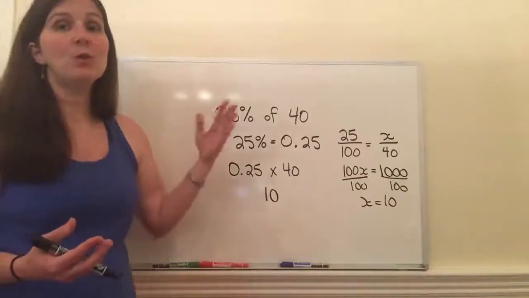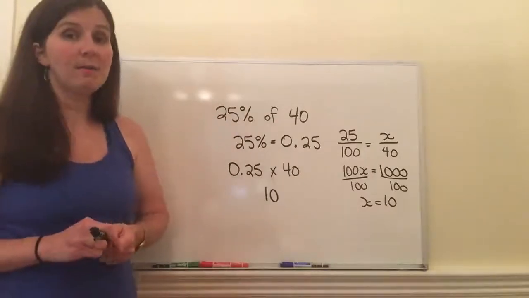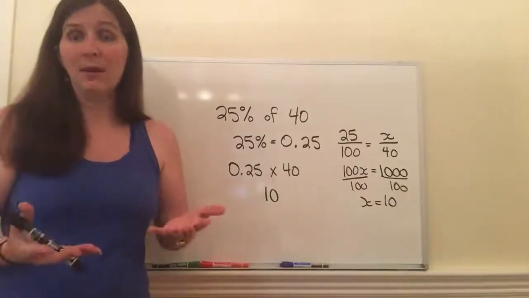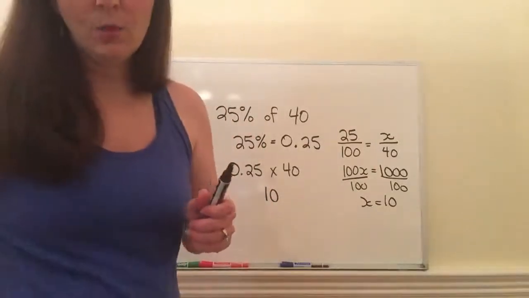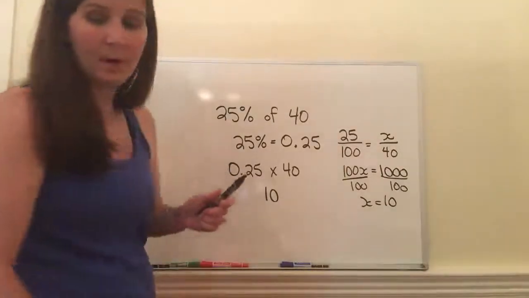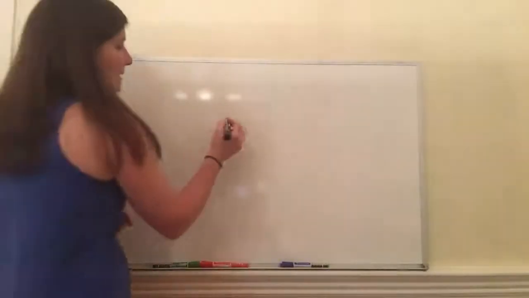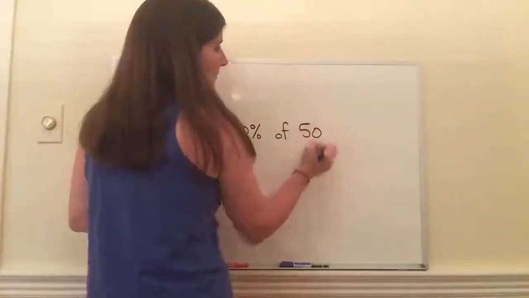So that means if you were looking at a pair of jeans that were $40 and there's a sale that's 25% off, that means you're going to save $10 on that pair of jeans and you'll only have to pay $30. All right, so let's use this method to work the last few problems. So for number 4 on your worksheet, there it is. We have 30% of 50.